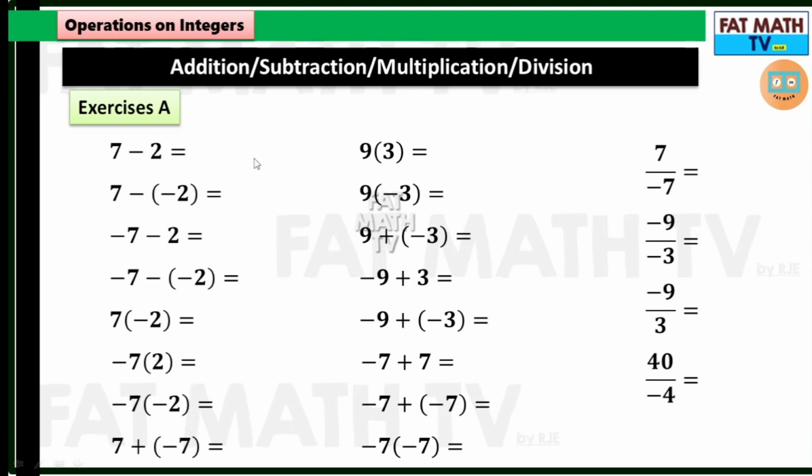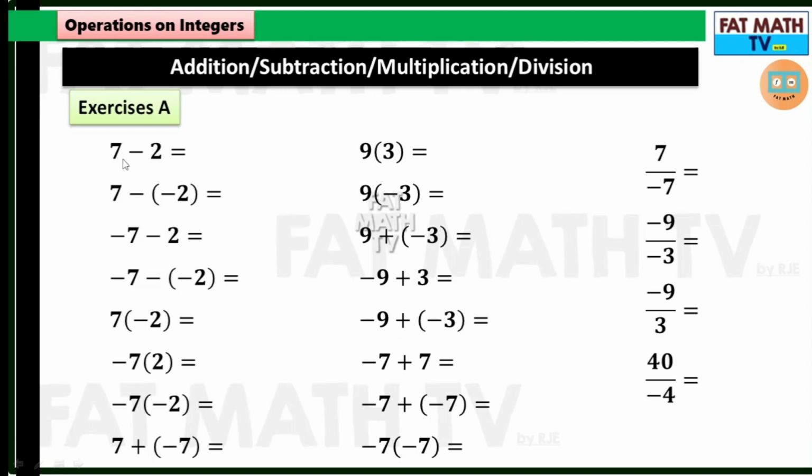So pause the video and answer on your notebook or on your paper, and later check how many of the 20 items you will get correct. So we have here subtraction, multiplication, addition, and here all division.